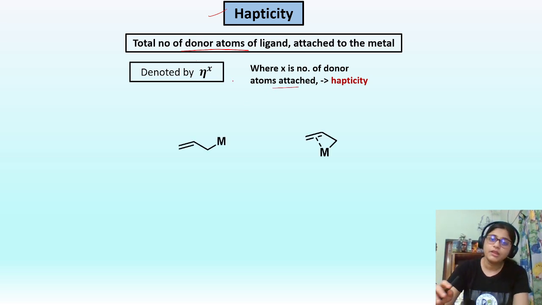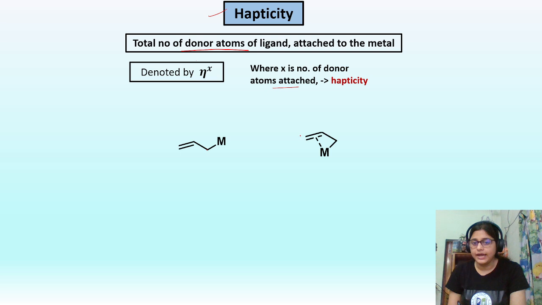Fine. For example, let's say this one. Okay, one organometallic compound has M and this allylic ligand, and it is only attached through this corner carbon.